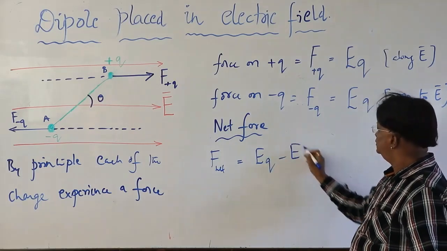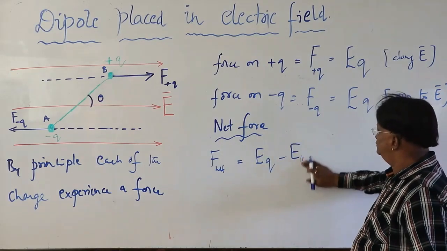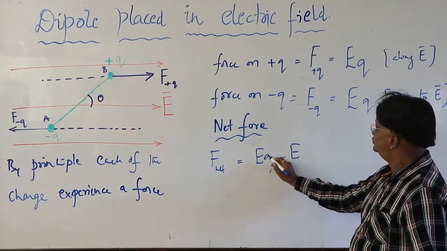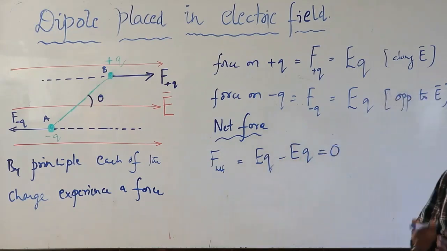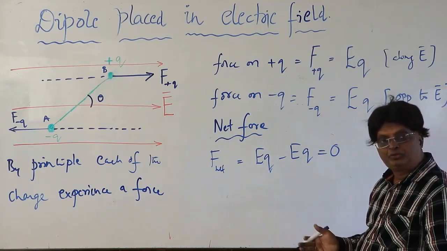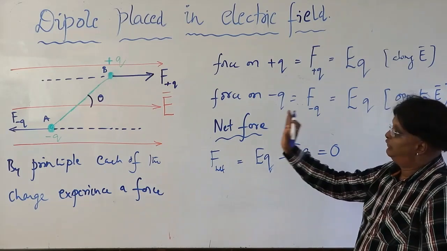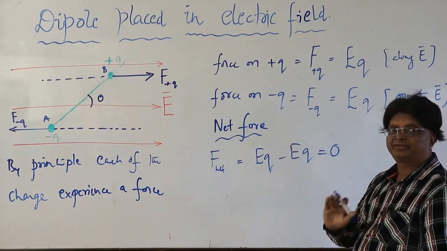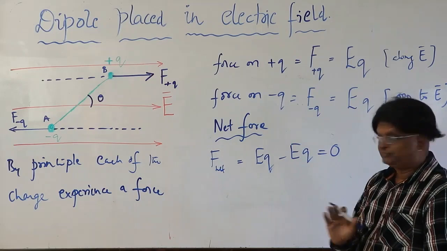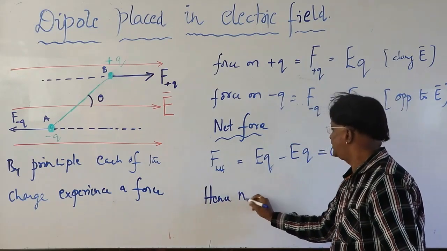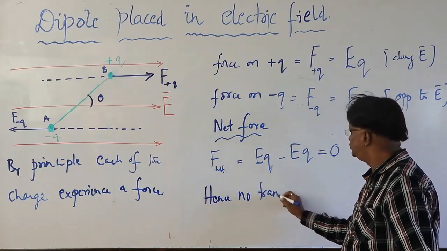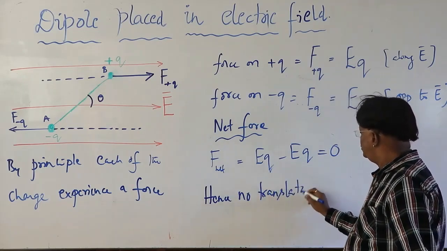Therefore, EQ minus EQ, that is 0. No net force. No net force means no way it is affected in the translatory sense. No force, hence no translatory motion, no linear motion.